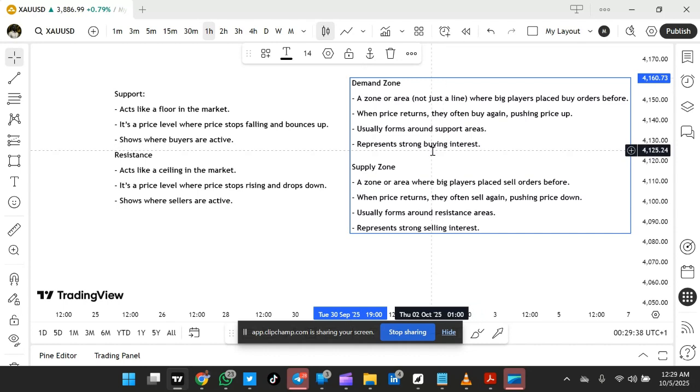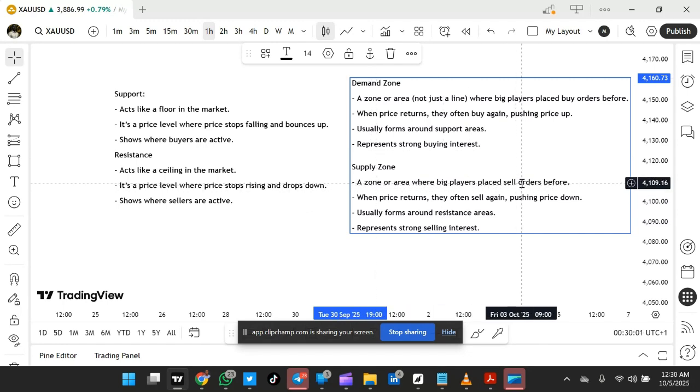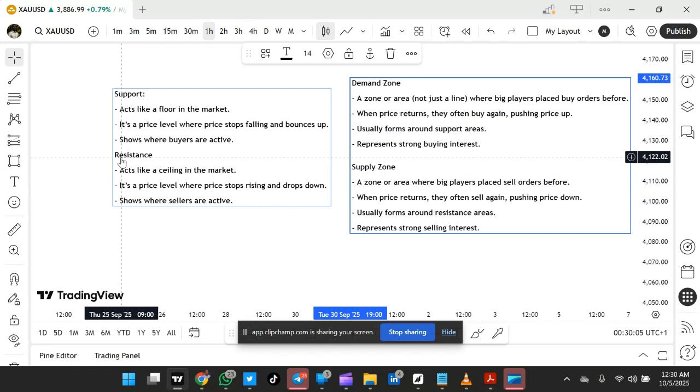Why? It's because the big guys usually place their orders there. So whenever you mark out a demand zone, be very certain that there are big guys placing their orders around those areas to buy in the future. So a supply zone is a zone or area where big players placed their sell orders before. A supply zone is just like your resistance, but it's not your resistance.